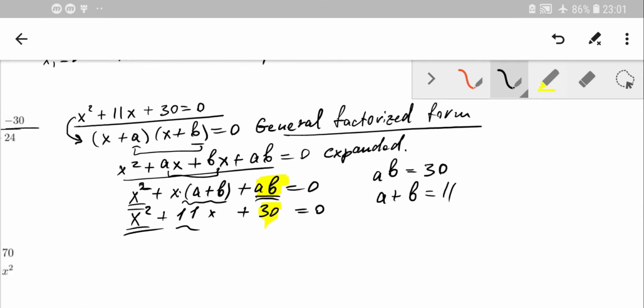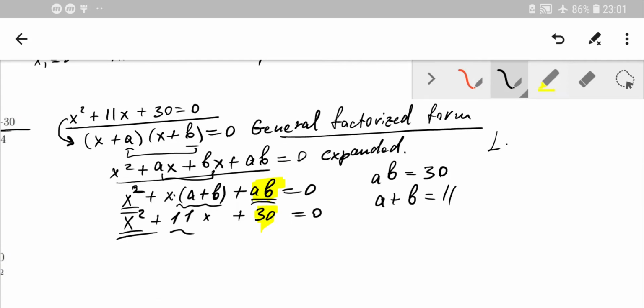So, okay, now a lucky guess. Here is also a way to practice your guessing techniques and strategy. It's not only about SAT. All right, so a times b is 30 and a plus b is 11. I'm guessing that a is going to be 5 and b is going to be 6, because 5 times 6 gives you 30.